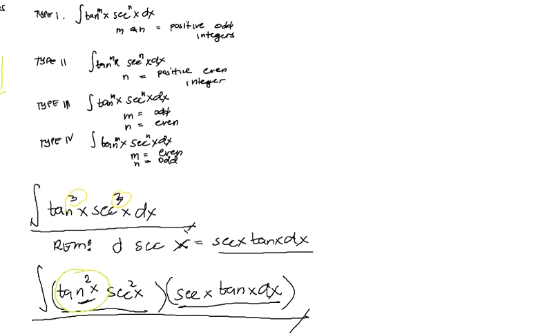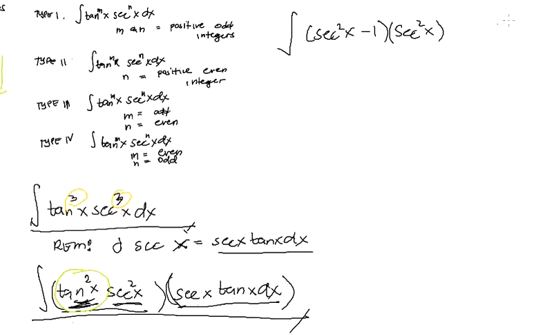So, substituting the value of tangent square x, we have secant square x minus 1, then multiplied by the secant square x, then this term.